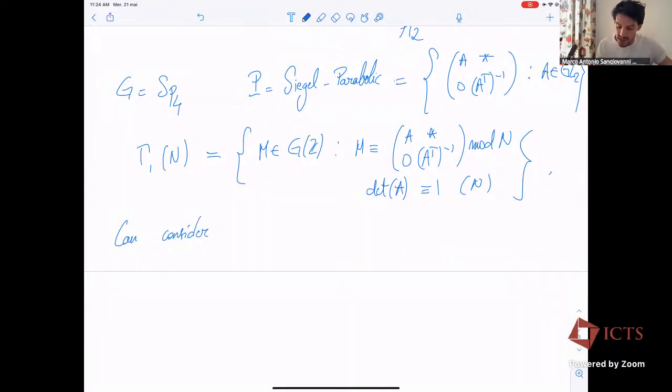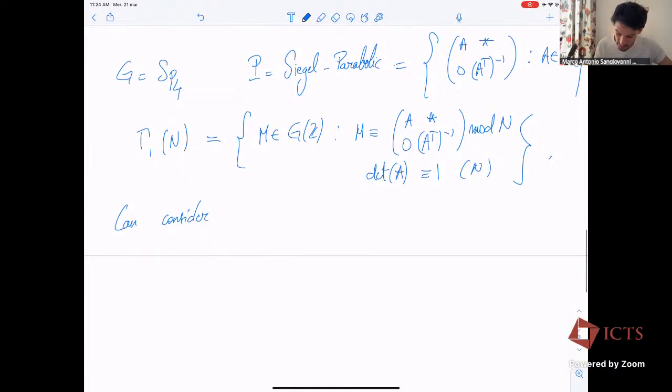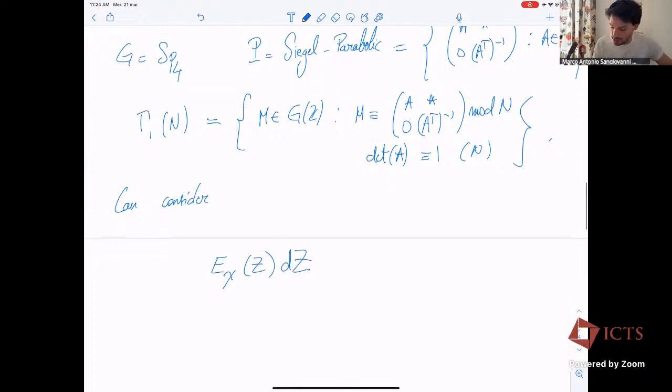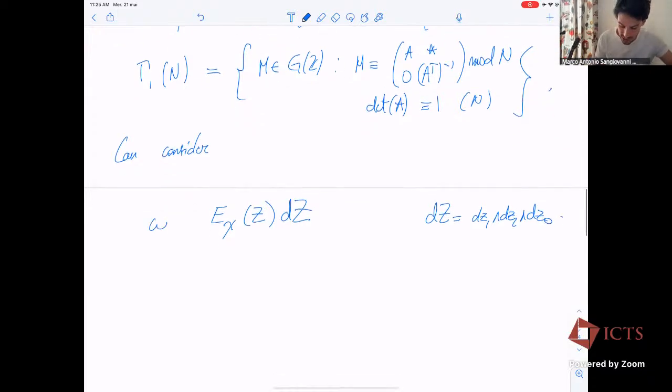Okay, so then you can consider E chi Z, rather than just as a function on H2, more as a differential, as a 3 form. You can consider E chi Z times dz, where dz, if my coordinates on the Siegel upper half space were z1, z2, z0, is just dz1, dz2, and dz0. This I will denote by omega chi.